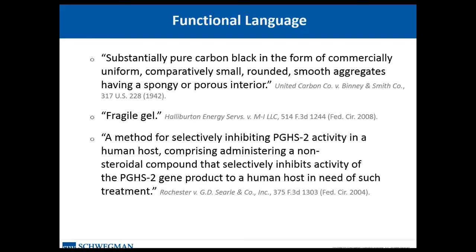And another one of my favorites is this example from the Rochester case back in 2004, which attempts to claim a method for selectively inhibiting this particular enzyme or this particular substrate using any compound that will bind to it. But it doesn't specify any structure whatsoever about what this compound might be.